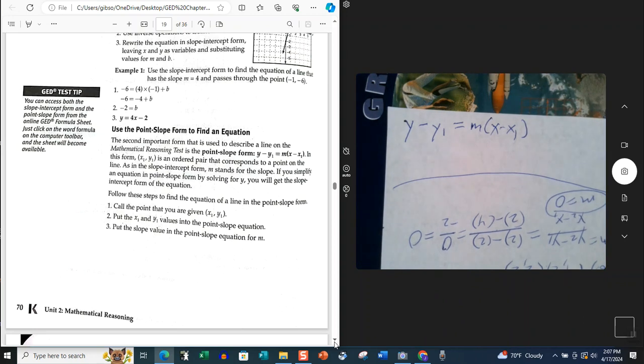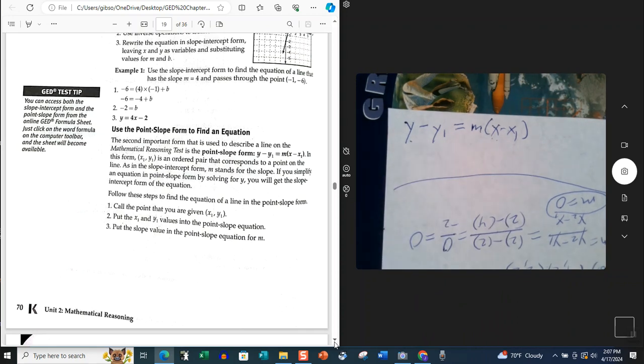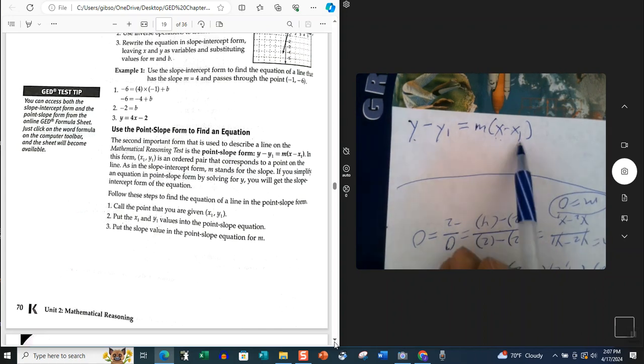Again, the x1 and y1 would be the point of the coordinate you have. And then the slope is the slope, and then you will solve for x or y.